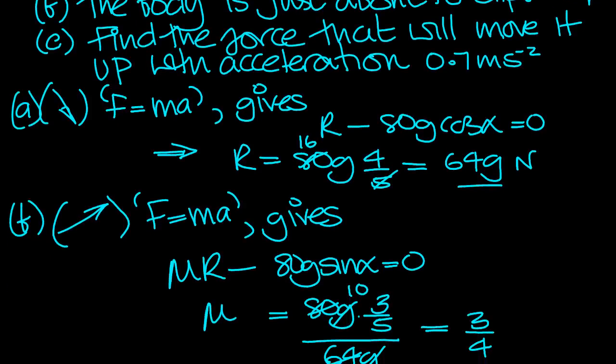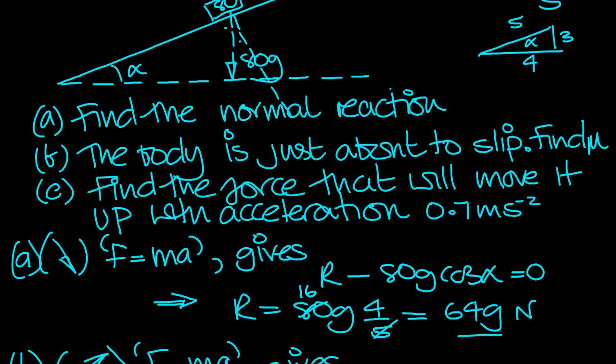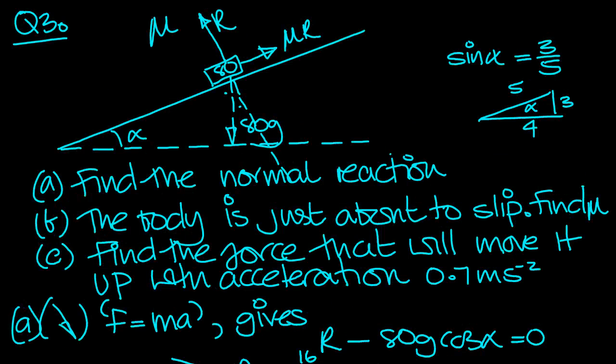Find the force that will move it up with an acceleration of 0.7. So let's go back to our original. Let's change the colour. This time, when it starts moving upwards, the friction will be mu R. We said it was 3/4, so let's put it in straight away. And there's a force here now, acting up the slope. It's still going to have the weight, isn't it?